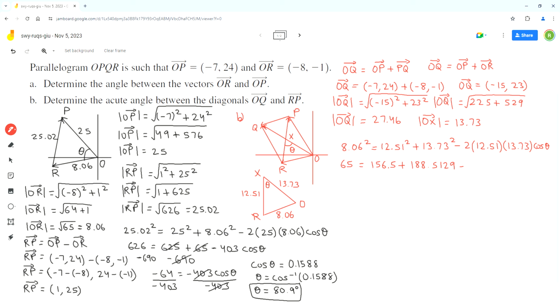Now we can multiply 2 times 12.51 times 13.73, which is equal to 343.5246. 156.5 plus 188.5129.